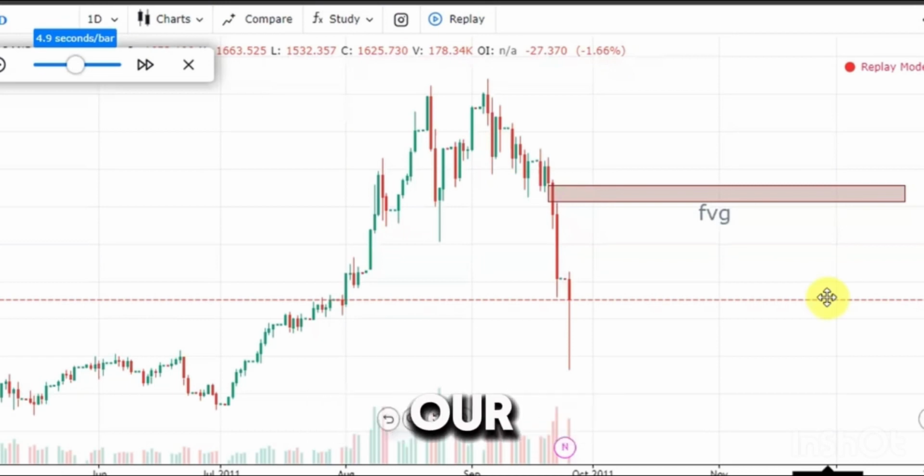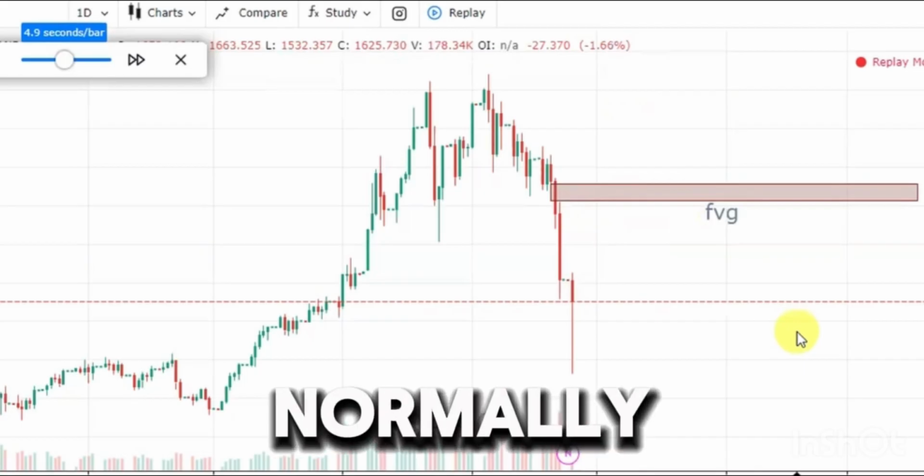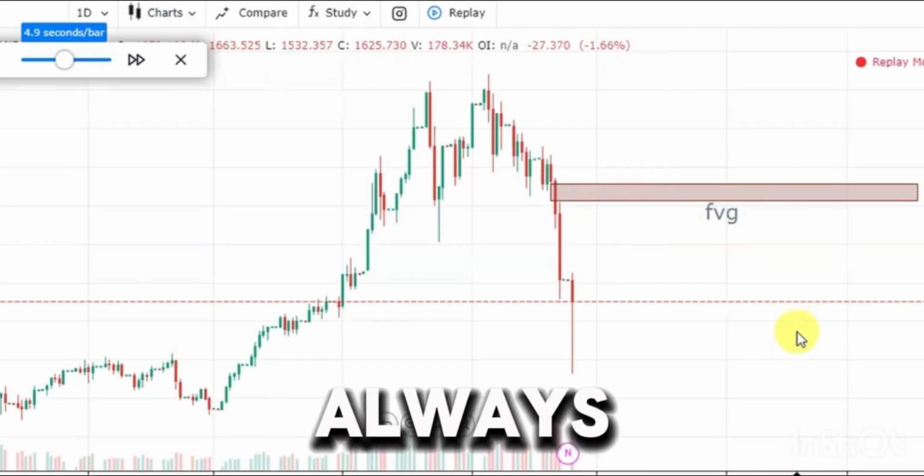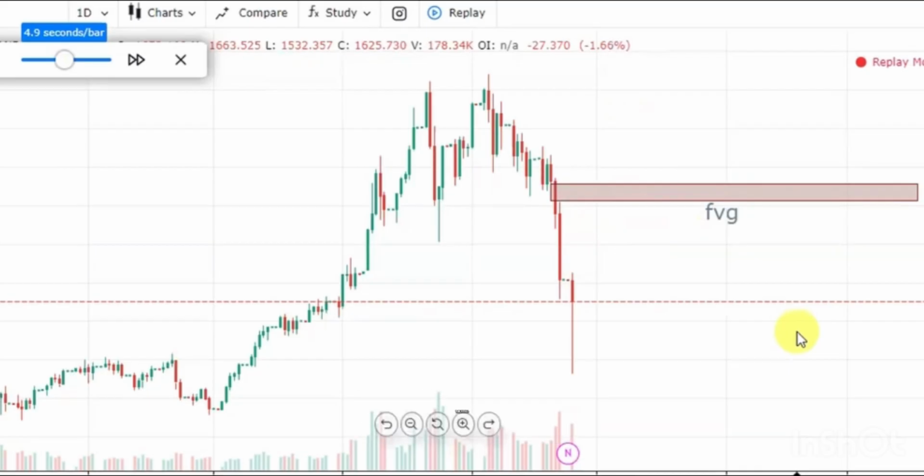We highlight our fair value gap, we mark it out, and we just wait for price to tap in and respect it. Price can either inverse it, if it goes up above it, then comes back and goes up again, or it just comes and then goes down. It can go either way, but price normally respects these areas, so you can always add it to when you're trading.